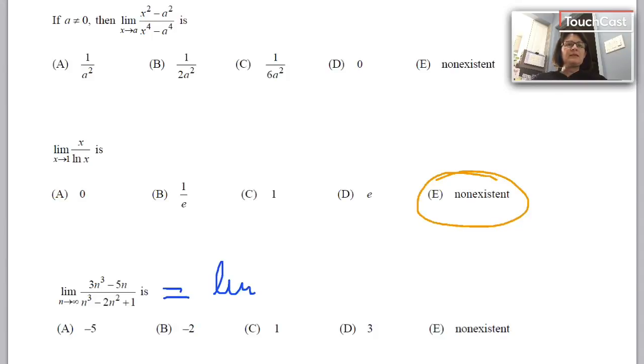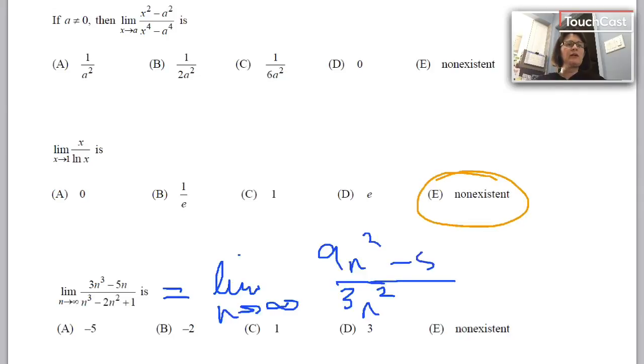It's going to be the same as the limit as n goes to infinity of 9n squared minus 5 over 3n squared minus 4n, which is going to give me another infinity over infinity problem.